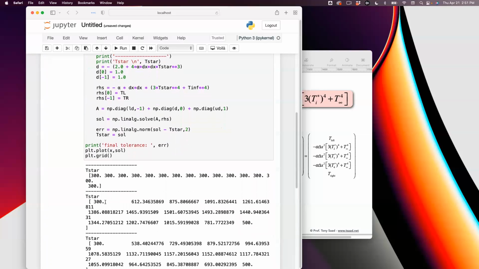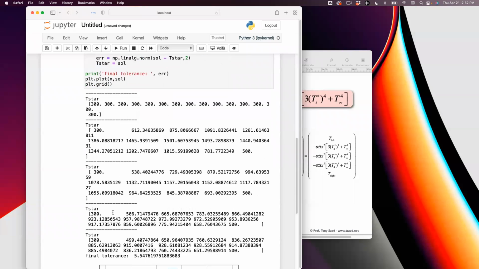So look, initially we started with T star equal to 300 everywhere. The next iteration, the left-hand side stayed at 300. That's the boundary condition. The right-hand side went up to 500 immediately. But then look at the intermediate points. They changed significantly. And now they started getting closer and closer.